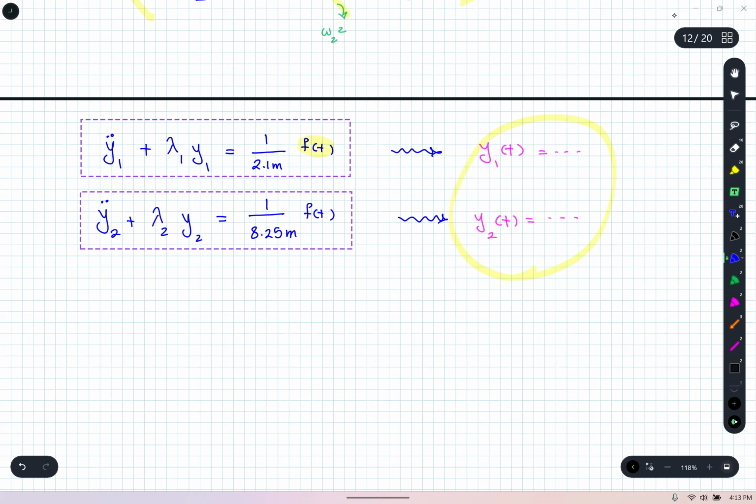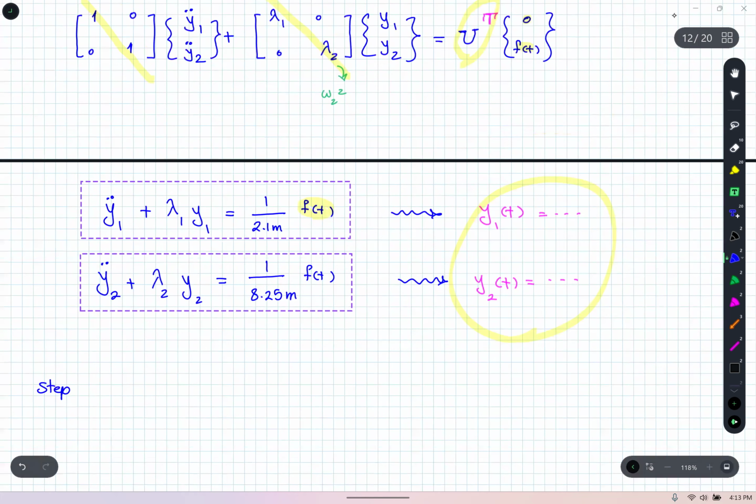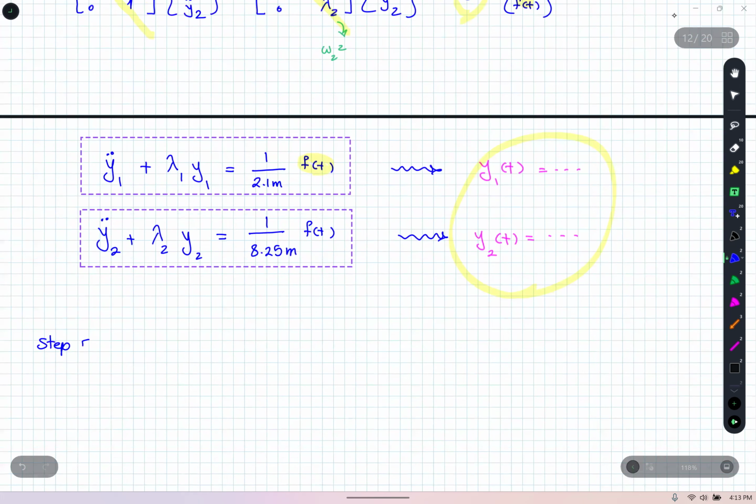Now we need to return, as our last step, to our original coordinates, where x is equal to u multiplied by y.